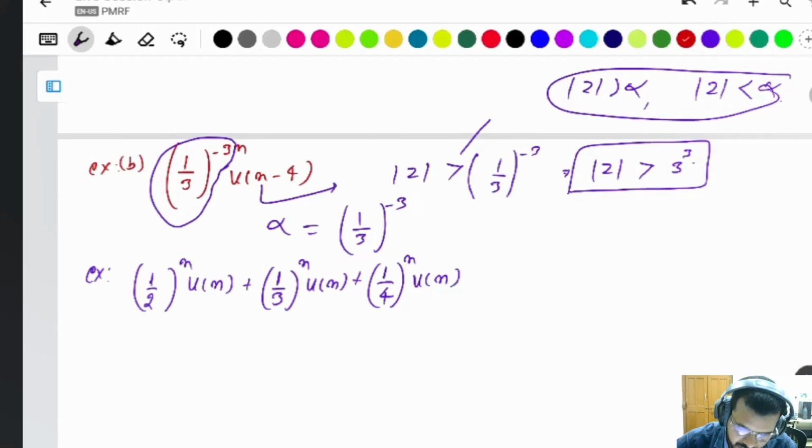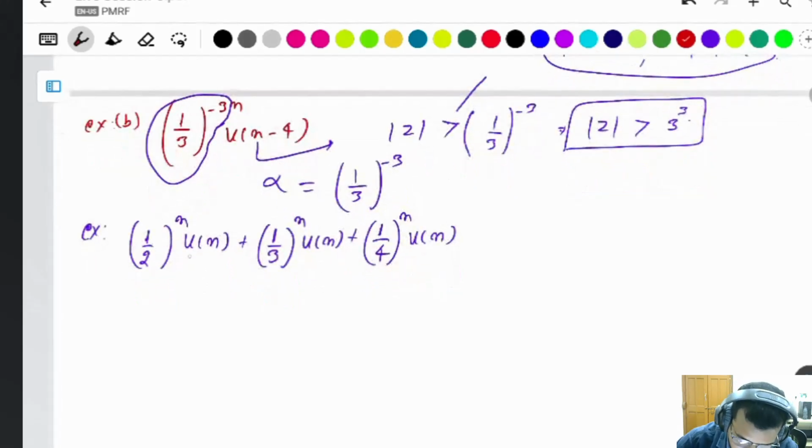In this case, this is un positive, a right side signal, then mod of z will be greater than 1 by 2. In this case, mod of z will be greater than 1 by 3, mod of z will be greater than 1 by 4.